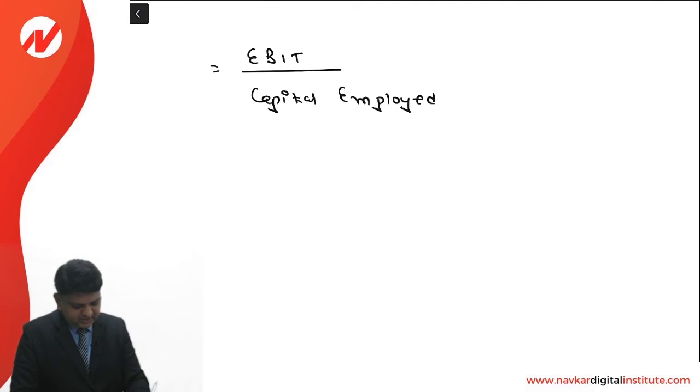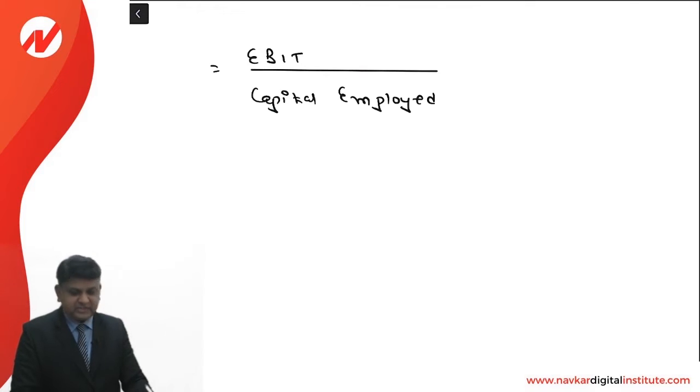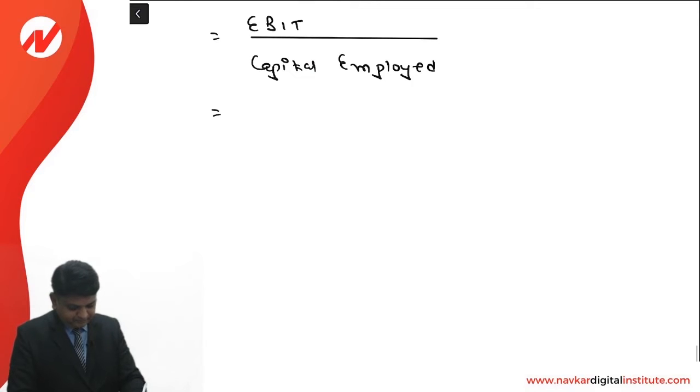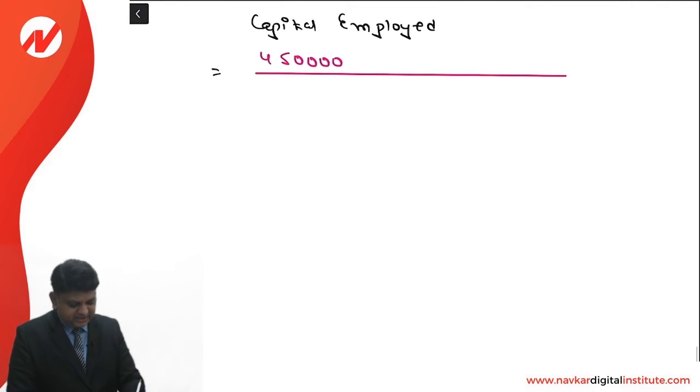Capital employed is the total of all long-term sources of finance, which is basically used for calculation of the weighted average cost of capital. So this is 4,50,000 divided by capital employed, which is equity share capital plus reserves and surplus plus debentures.